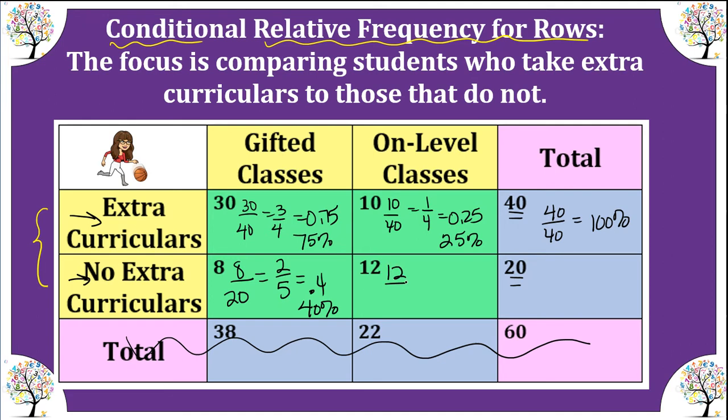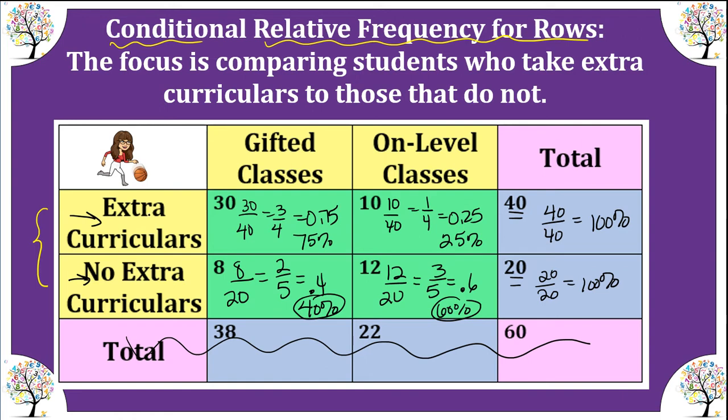Then those that do not take extracurricular and have on level, that is going to be 12 out of 20, or 3/5. So that's going to be 0.6 or 60%. So you can see that we have our 40% and our 60%, and it needs to equal 100%.